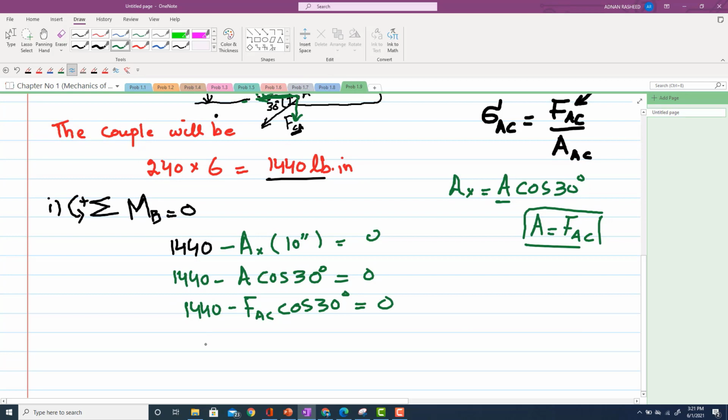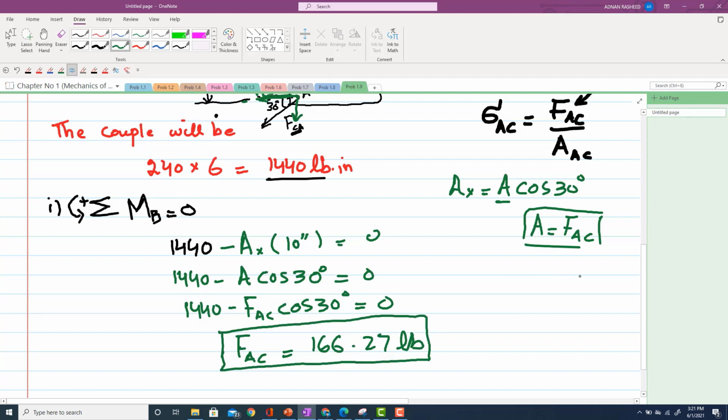Putting the value of cos 30, and when you solve it, it will give you that FAC is equal to 166.27 pound force. Now this is the force that we have found.